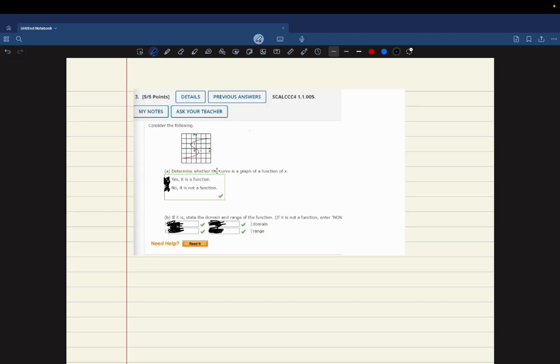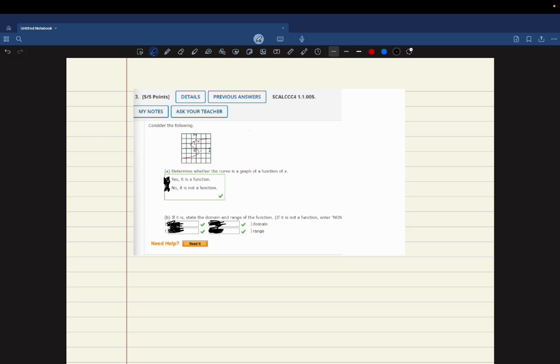So now I'll go to number 3. It is asking to determine whether the curve in graph a is a graph of a function of x. For any curve, before explaining I'll give you some time to guess or think. You can also pause and try, but I'll move ahead. For any curve to be a graph of a function, it needs to pass the vertical line test.